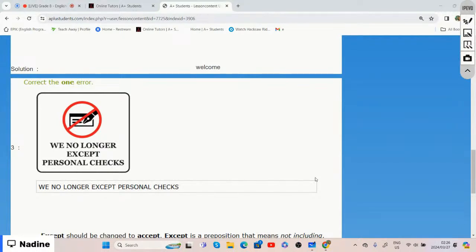We need to correct one error. So if we look at the sentence, which word are we going to correct? We no longer accept personal checks.